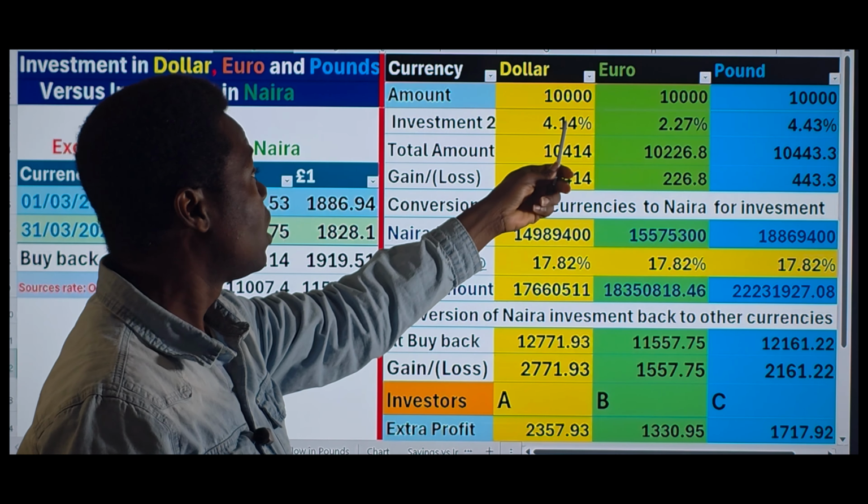It is this amount investor A will now invest in Nigeria Treasury bill at an interest rate of 17.82%.